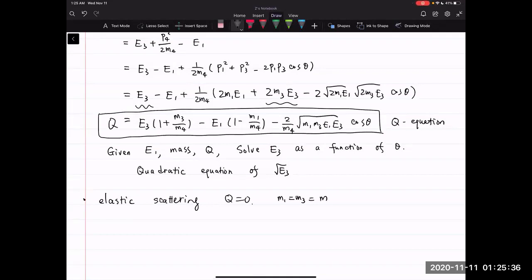And for particle 2 and particle 4, M2 and M4 are also the same particle. This is the elastic scattering process. Let's call this target nucleus A times m, where A is the mass number and m is the mass of the neutron. So M2 and M4 will be Am.